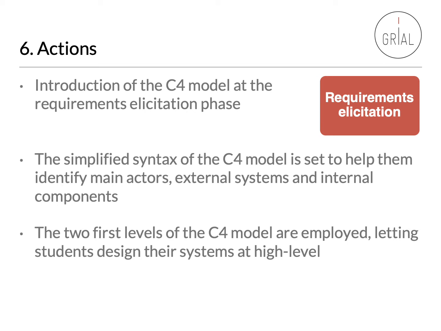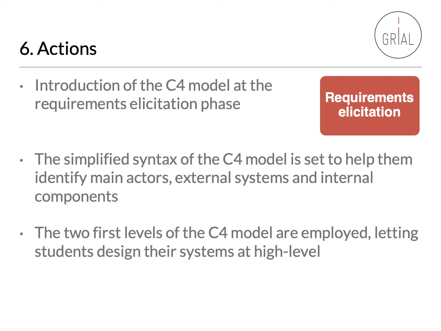The actions implemented in the software engineering course are focused on the requirements elicitation phase of the development of the final project. The students were asked to identify the main requirements and users of their final project through use case diagrams.